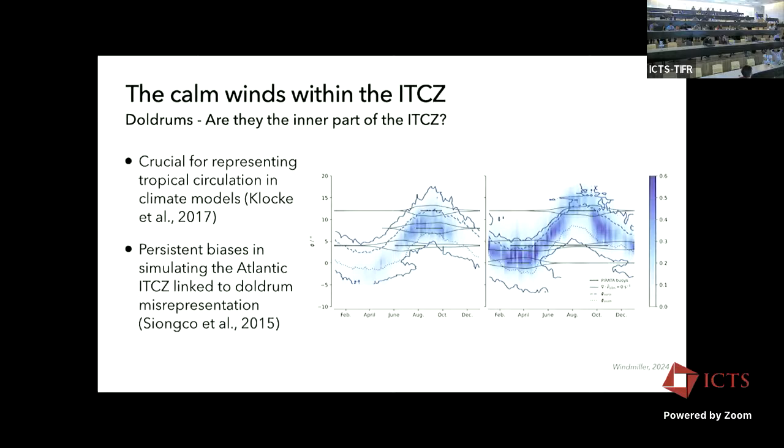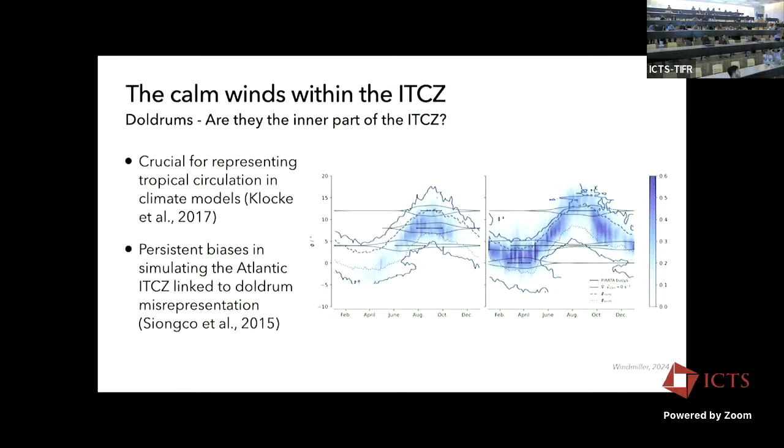And they are very crucial in understanding if the tropical circulation is represented well in climate models. So there's a study that looked at very high resolution simulations and found these calm winds and how they organize convection. And if you're not representing that in climate models, then we're not representing the organization very well.